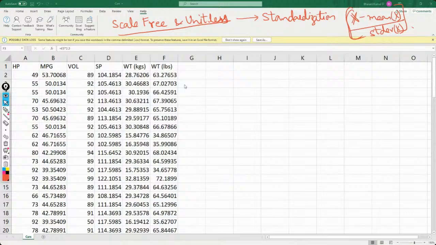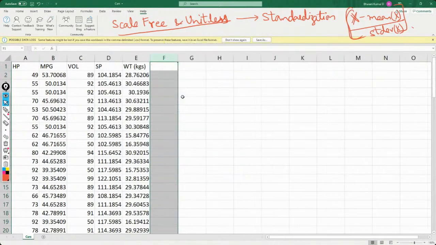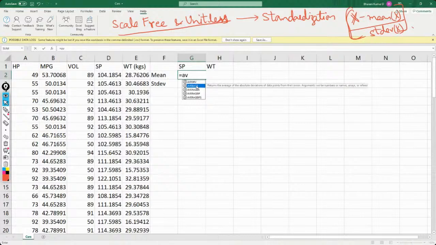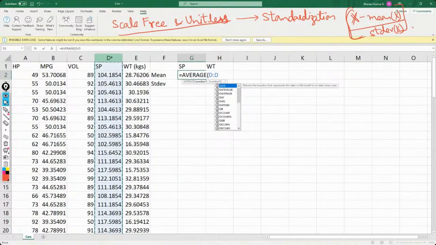Let me now delete this basically. Let me calculate mean and standard deviation of top speed and weight. Mean is nothing but the average of top speed.